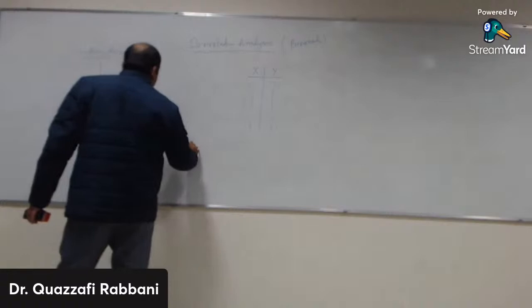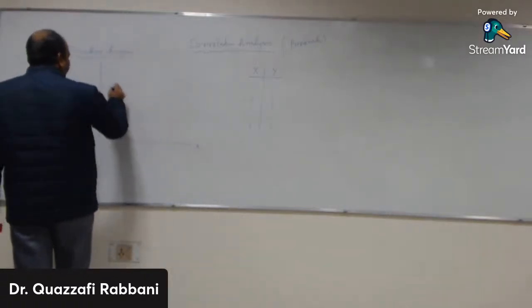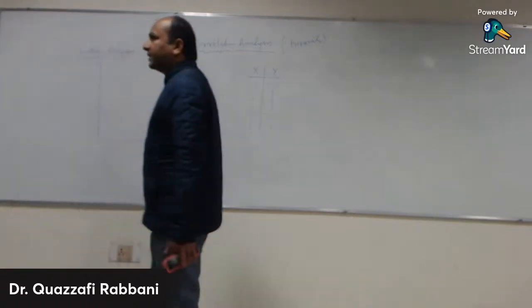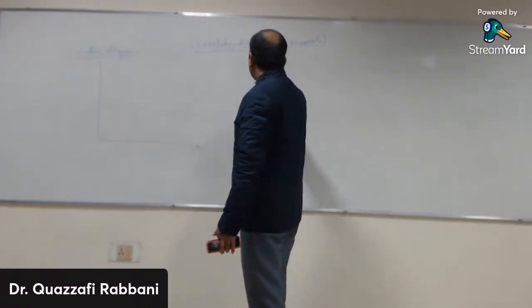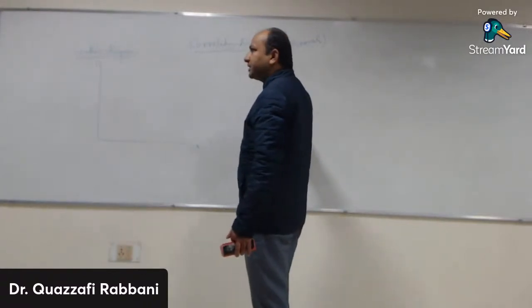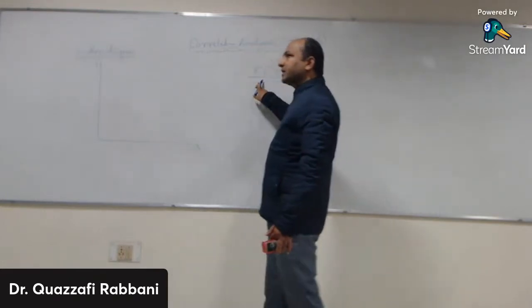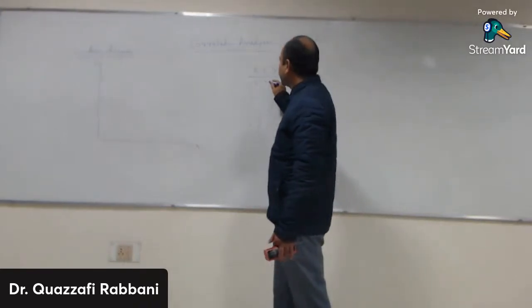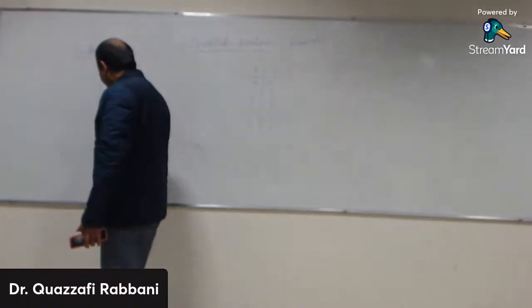Take x on the x-axis and y on the y-axis. Now the points of x and the corresponding points of y, meaning the values of x and the corresponding values of y. Suppose, for example, this is 2, this is 4. So x is 2 and y is 4.